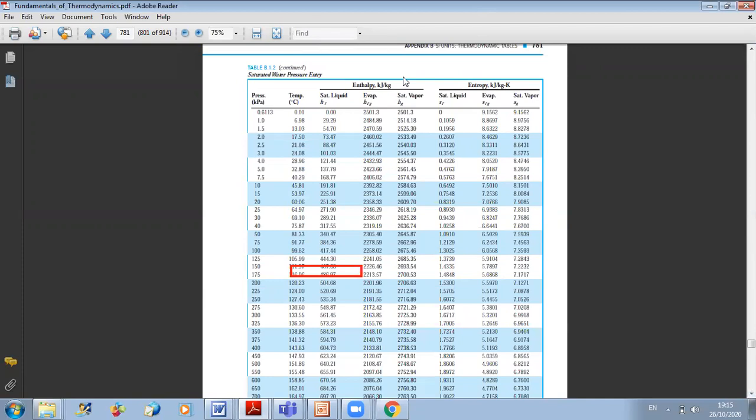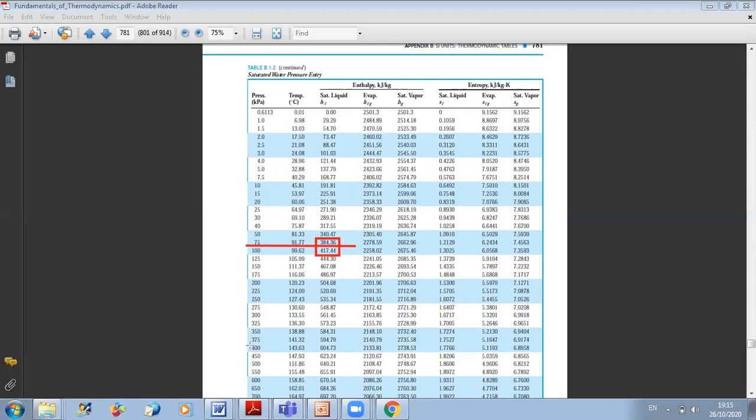It's between 75 and 100. You should look at HF, the saturated liquid. Then you do interpolation and find H in between. So it's nearly 400, maybe 403, 404 kilojoule per kilogram.